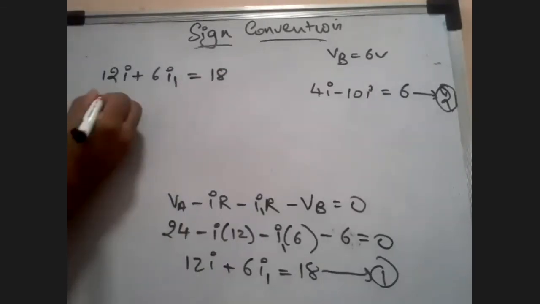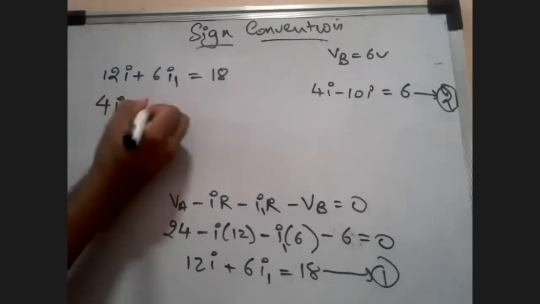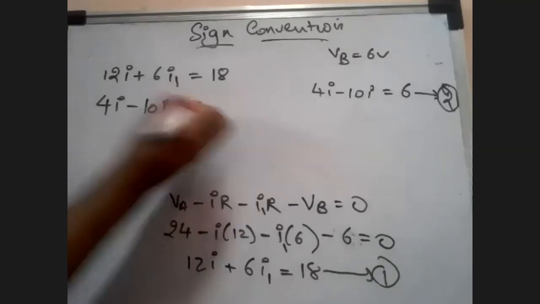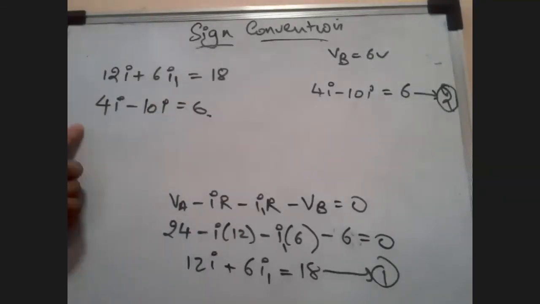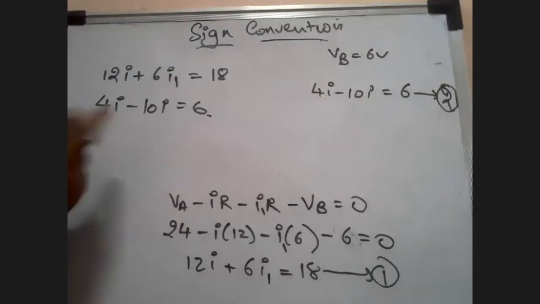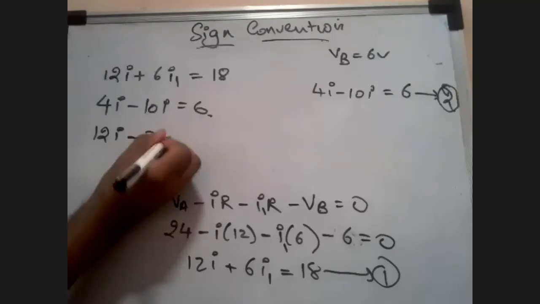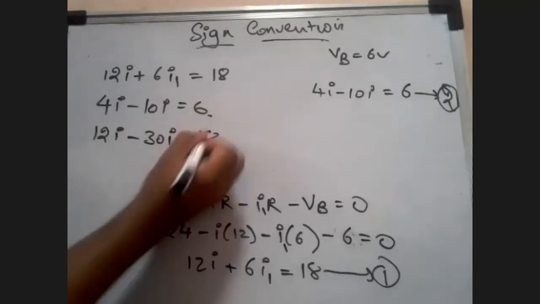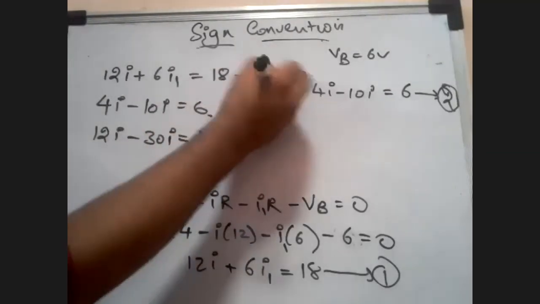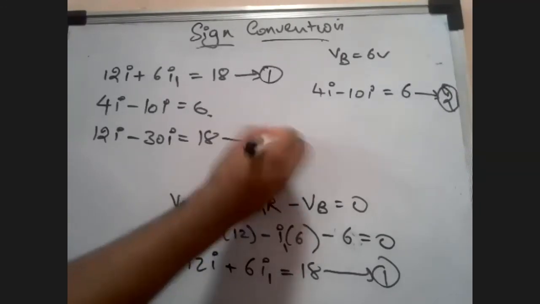Second equation is 10I1 minus 4I equal to 6. So what we can do? We can multiply the second equation by 3. If we multiply it by 3, we get 30I1 minus 12I equal to 18. So this becomes our second equation.